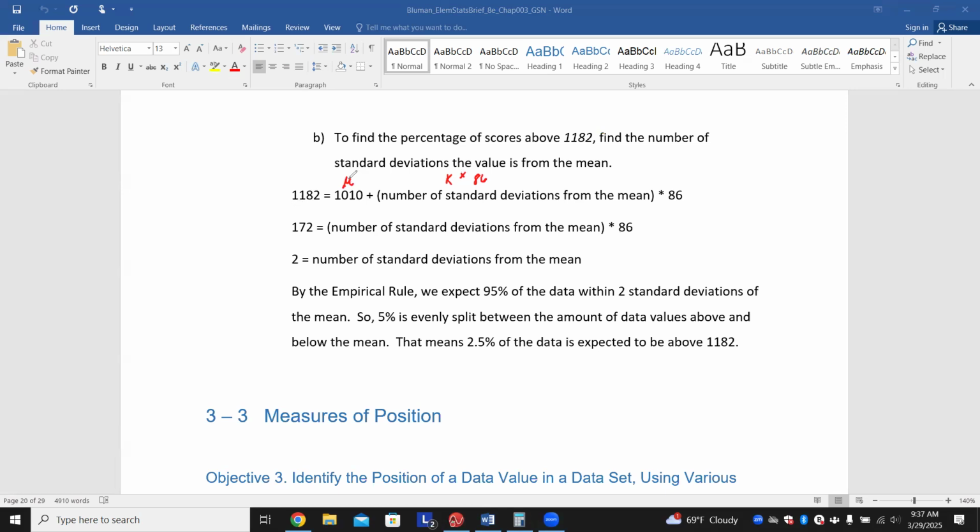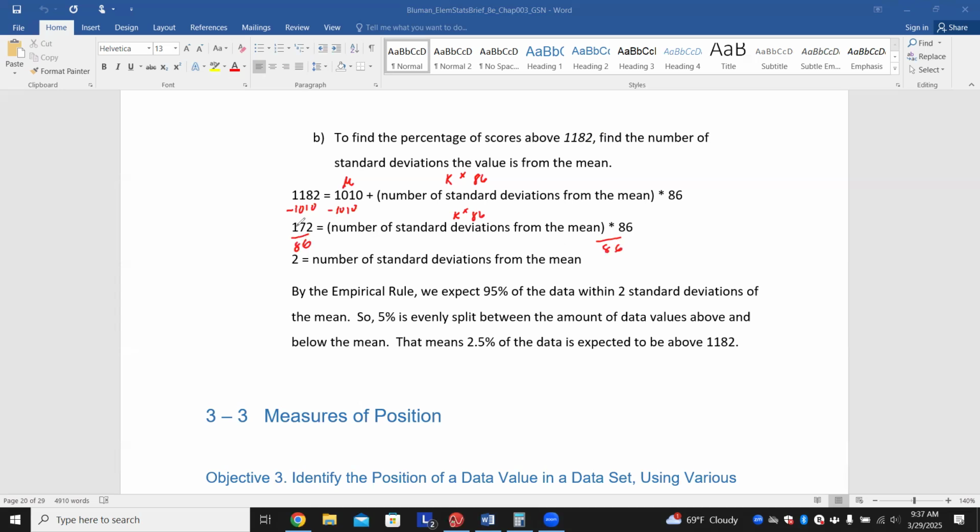So what we do now is take the mean and subtract it. When we do that, you get 172, which is still equal to K times the standard deviation. Now we simply divide both sides by 86.